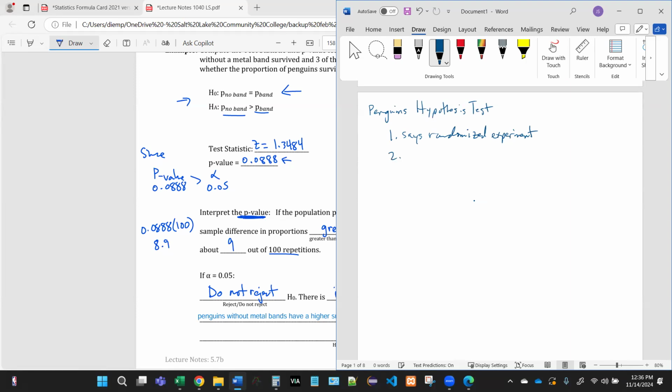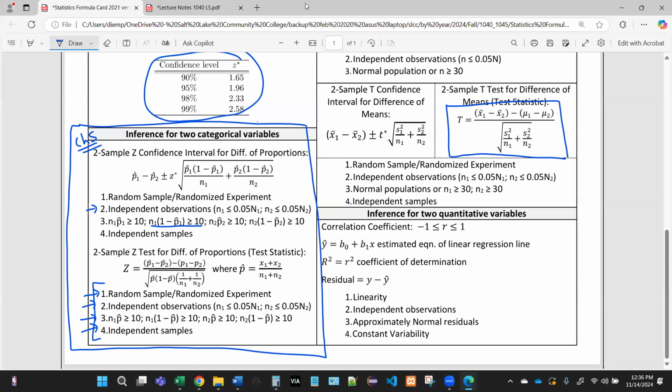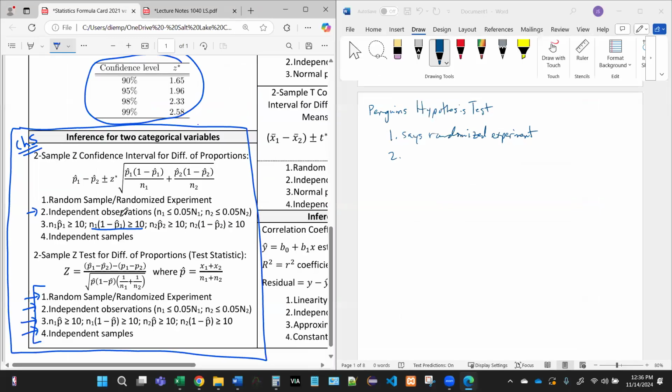Okay, 2, just going back here to the formula card. Do we have independent observations? I believe so, right? For the first group, there were 10 who did not get the metal band. Okay, and then if I divide by 0.05, that's 200, right? So we already did this for our confidence interval. So yeah, there's definitely more than 200 penguins out there.